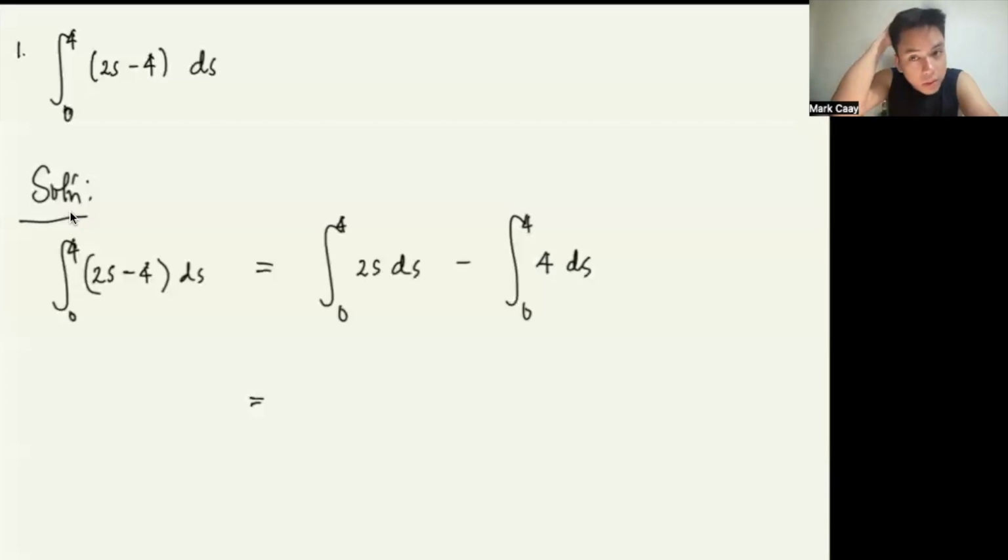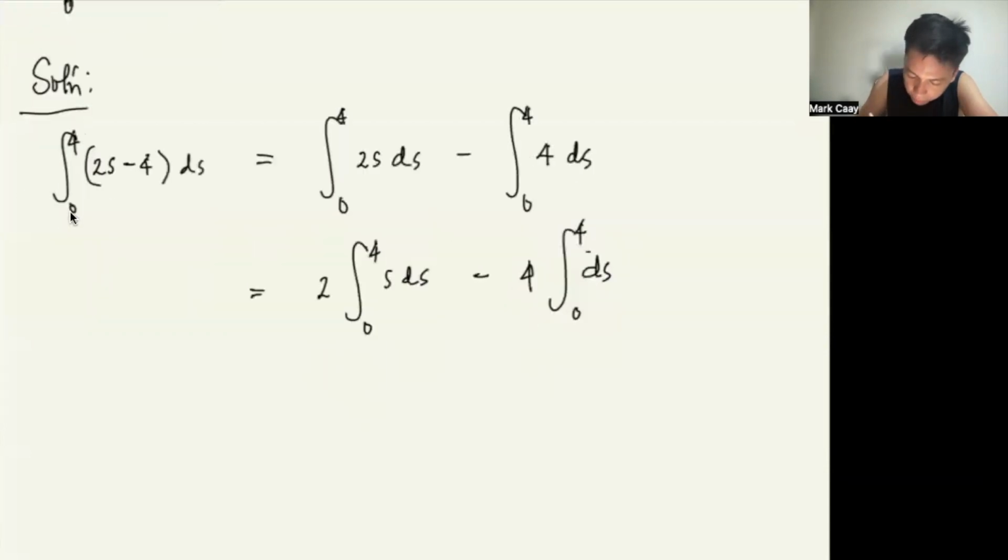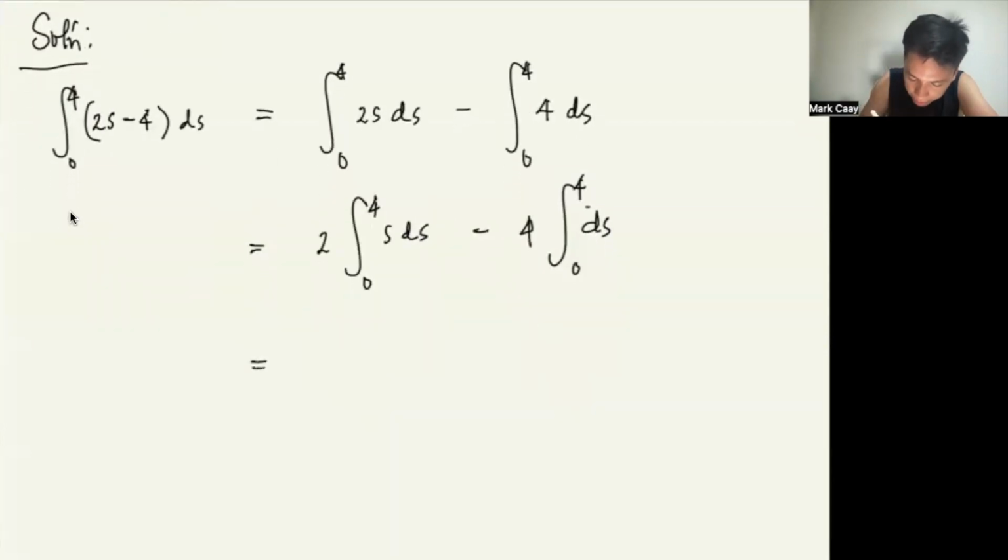2 here is a constant, so I can extract the 2. So I have 2 times the integral of s ds from 0 to 4 minus 4 times the integral of ds from 0 to 4. So from here, we already know this is simple integration. So what we are going to do is, for the first, s squared over 2 evaluated from 0 to 4.